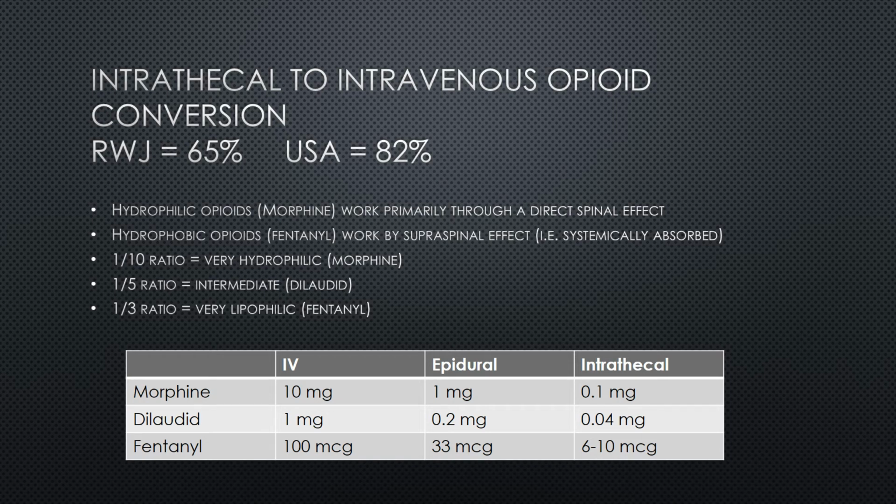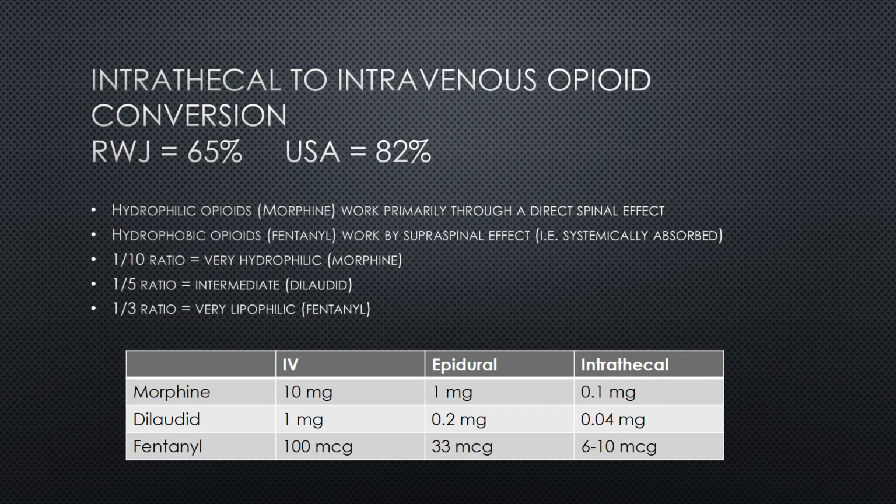All right, our next keyword is intrathecal to intravenous opioid conversion. So the ratios are different based on whether you're talking about very hydrophilic opioids or very lipophilic opioids. And whenever you're talking about neuraxial opioids, it's very important to consider the hydrophilicity or lipophilicity.